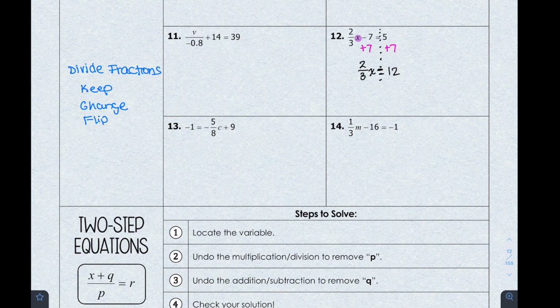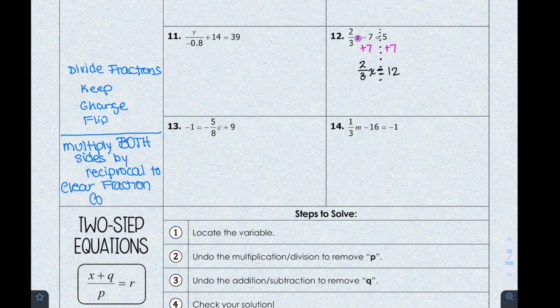So to solve an equation that has a fraction coefficient, what we would do is multiply both sides by the reciprocal, to clear fraction coefficients. Because in the process of dividing a fraction, that's what we're doing.